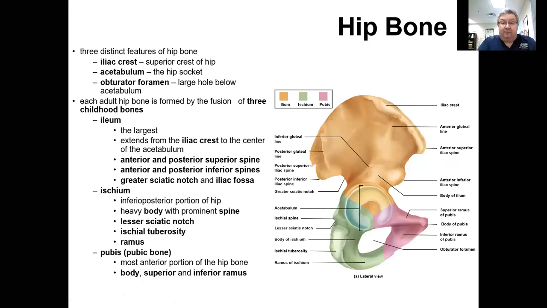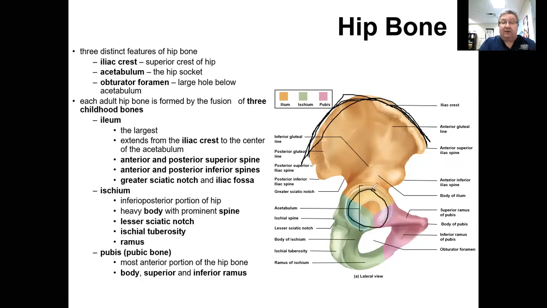On the ilium, the first landmark that you need to know is the iliac crest. Now, the iliac crest is the superior portion of the bone. I'm coloring it over right there. This is the iliac crest right here on the top. Right here is the acetabulum.